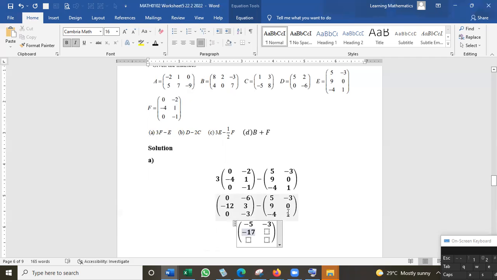Careful, you have to go 0 and 5, -6, -3, -12, subtract 9, that's -21. 3 subtract 0, that will give us 3. 0 subtract a -4, that will give us 4. And 0 subtract 1, that will give us -1. Okay, so here you have it for this one.